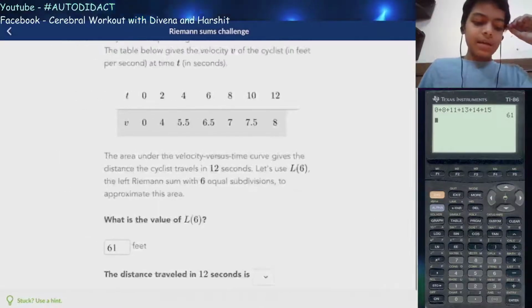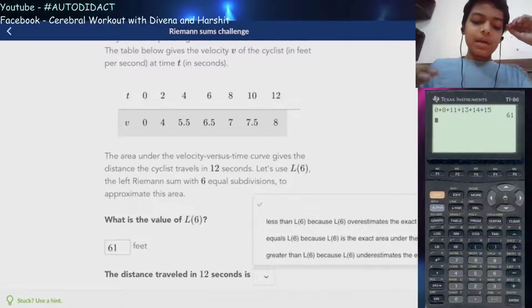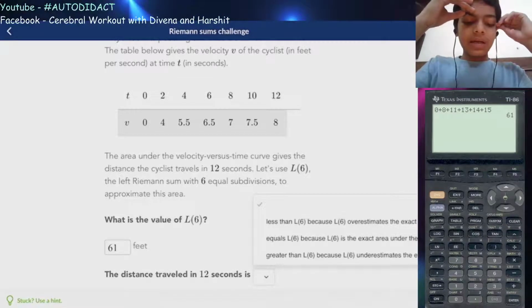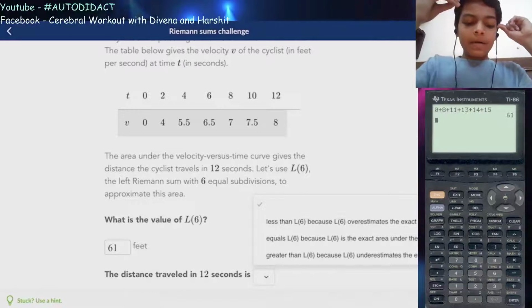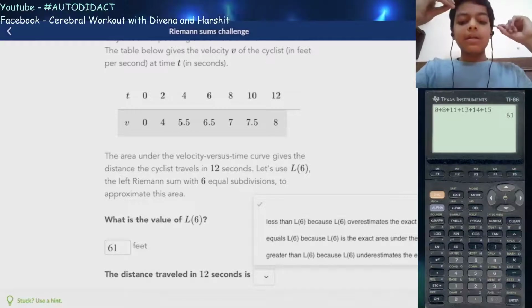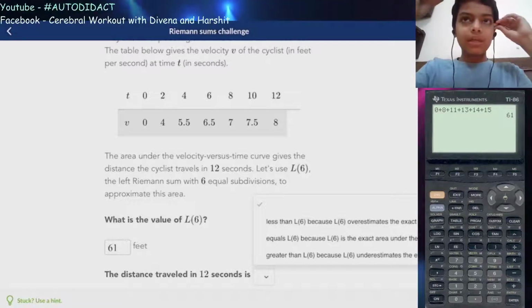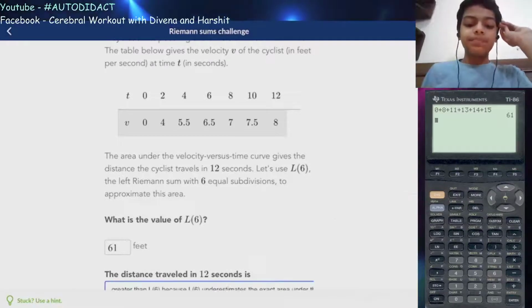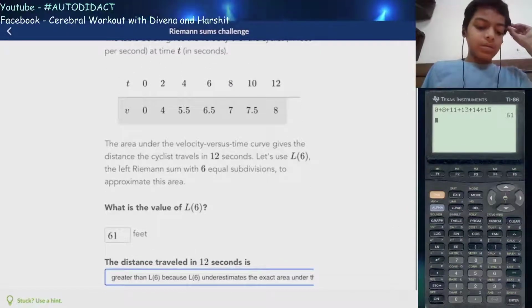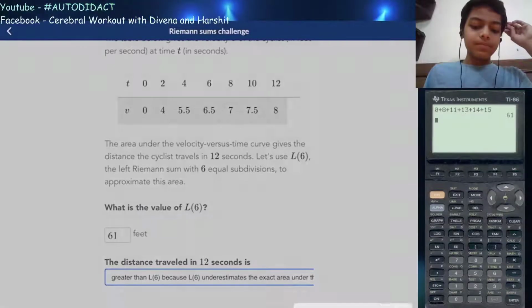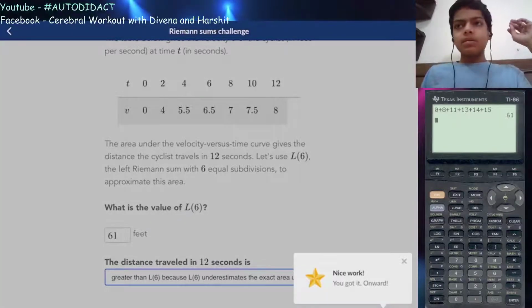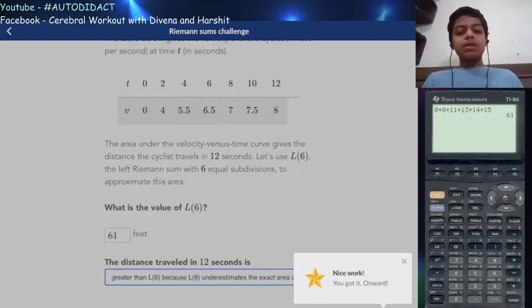Less than L of 6, because L of 6 overestimates the exact area, or equals, because L of 6 is the exact area, or greater than L of 6 because L of 6 underestimates the area. Yes, we saw that L of 6 was underestimating the area. So this will be greater than L of 6. The real distance will be greater than L of 6. So let's check our answer. Correct? Okay, so let's go next.